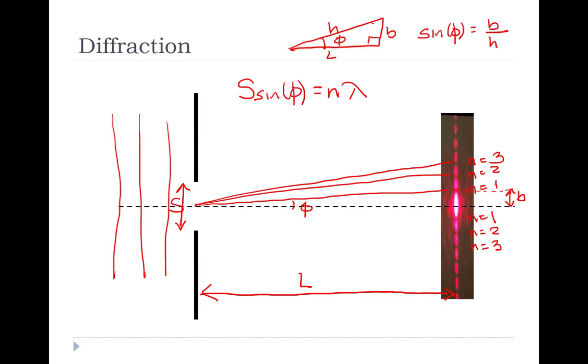But if phi is small, if we're dealing with a small angle, which we can make happen, then the hypotenuse and L are going to be about the same. So I'm going to define this as B over L. So with that, I can write that this is going to be approximately SB over L. Okay. If you're looking at the equation sheet, this is currently number 47.